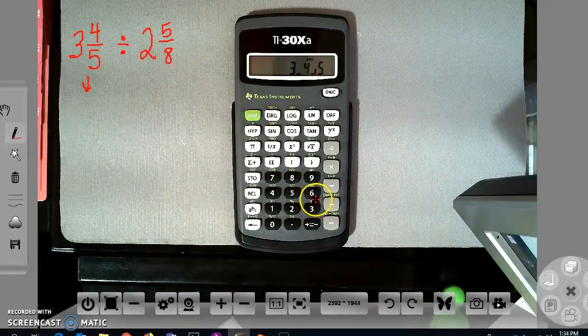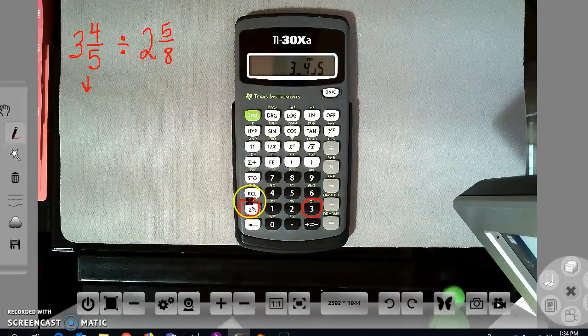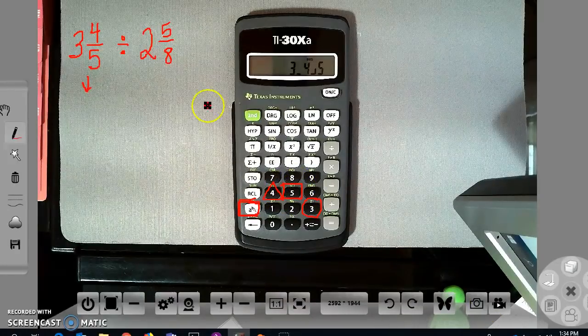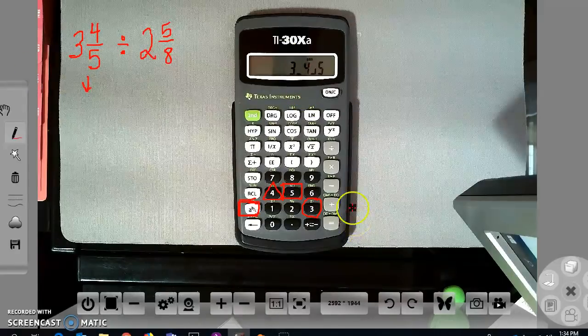So we did whole number, fraction button, numerator, fraction button, denominator. And that put our mixed number into our calculator.